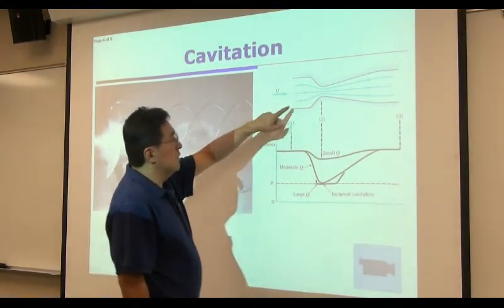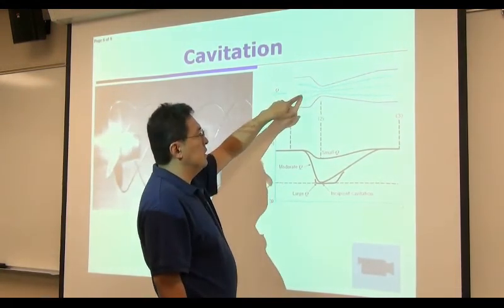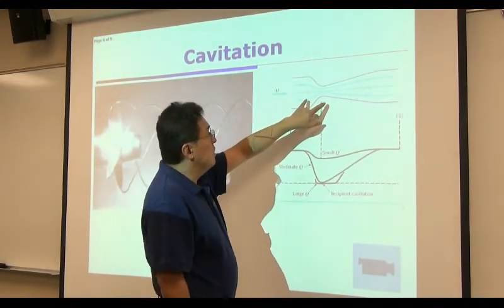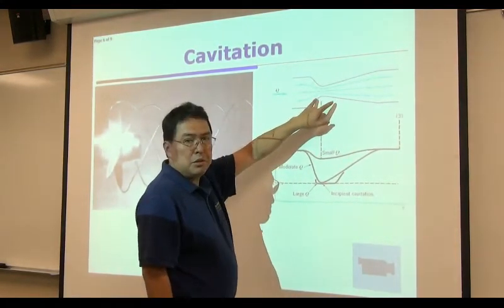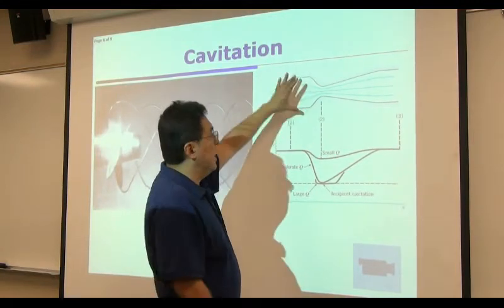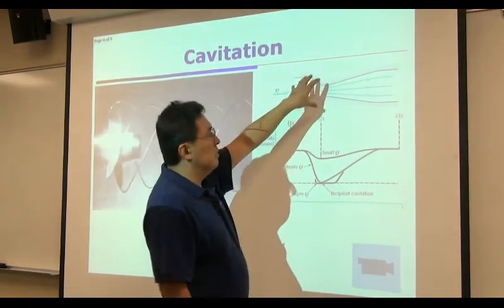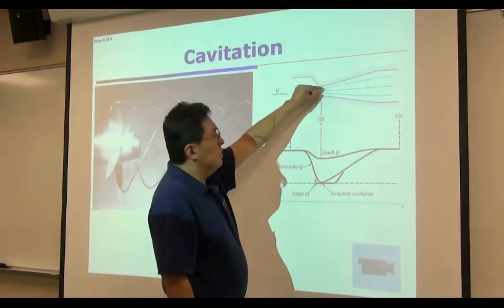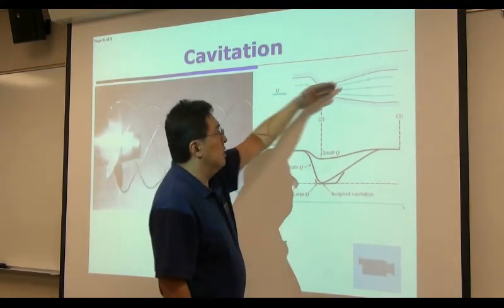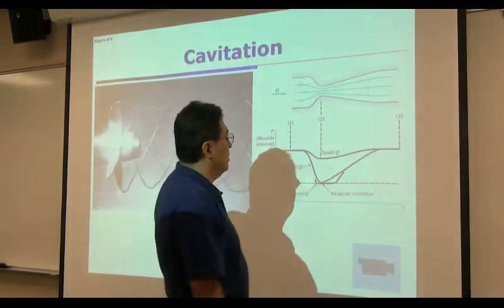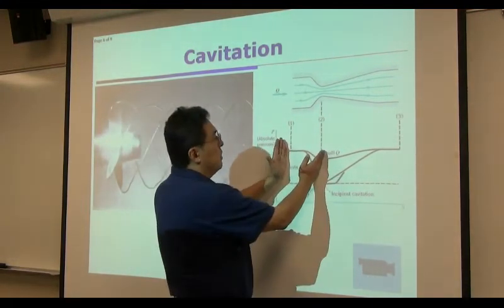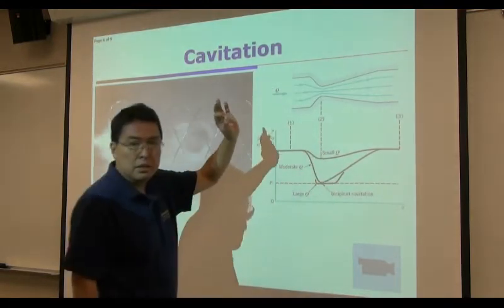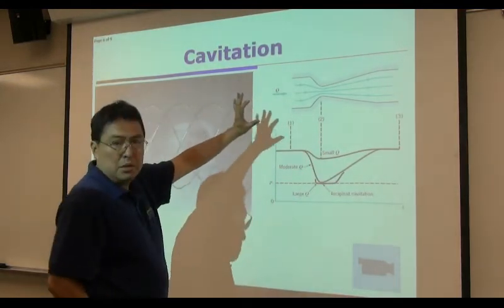Okay, so this is an example of cavitation within, this is called Venturi meter. Venturi meter is a flow rate measurement device, so you're going to attach this segment into the pipe flow. What it does is you're going to reduce the cross-section of the flow, accelerate the flow, creating the pressure difference between 2 points, and measure that pressure difference to determine the flow rate Q. That's the device, flow rate measurement device.